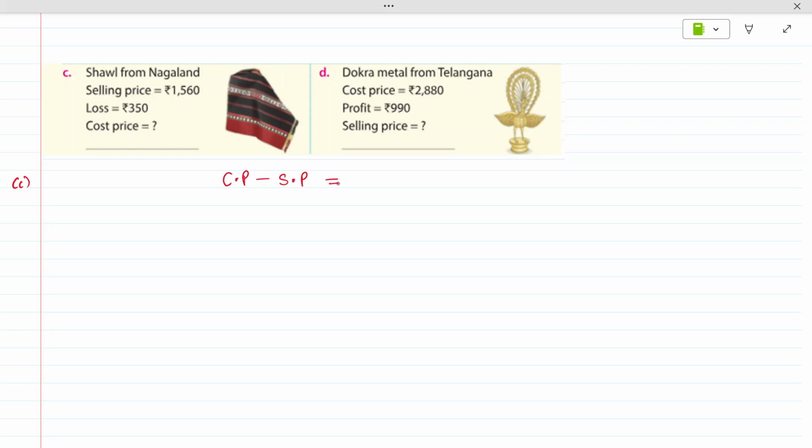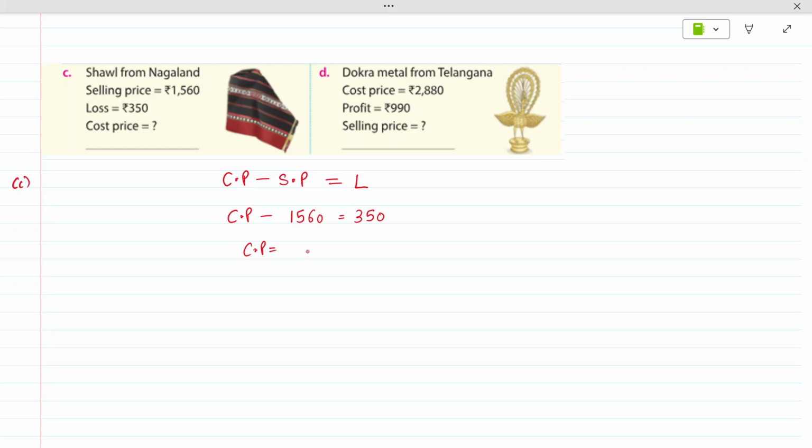So we will use the loss formula, CP minus SP is loss. CP is as is. In SP, we will put the value 1560 and loss is 350. Now CP is what?